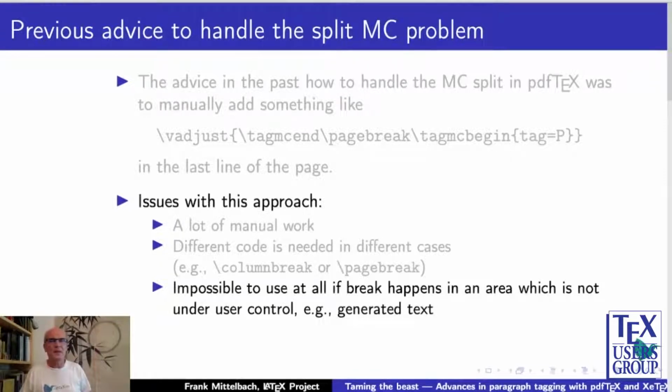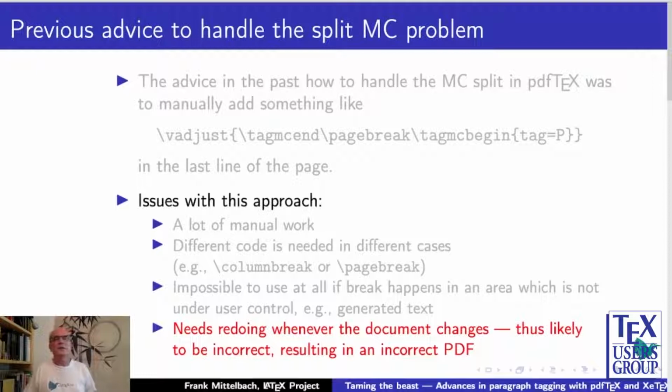But these are minor issues really compared to the real one, which is you probably have to redo all this whenever you make the slightest change to your document. We all know that we delete a word and the paragraph becomes one line longer, etc., etc. So small changes can have a lot of ripple effects on the pagination.